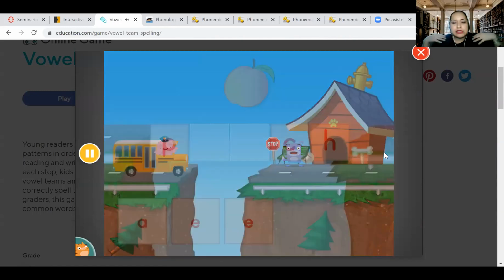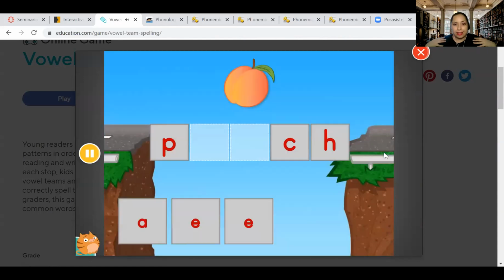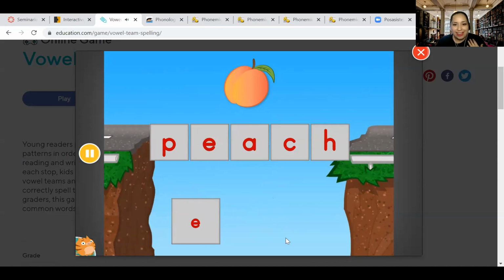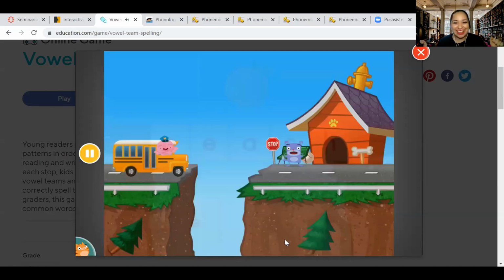So it tells us make the word. It's a school bus and it needs to cross, but there's no bridges. So we need to make the word peach. So E-I. E. E-I. E-A. Peach. A. There's no I. Woo!